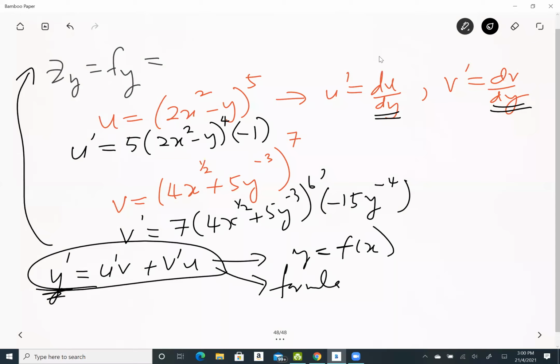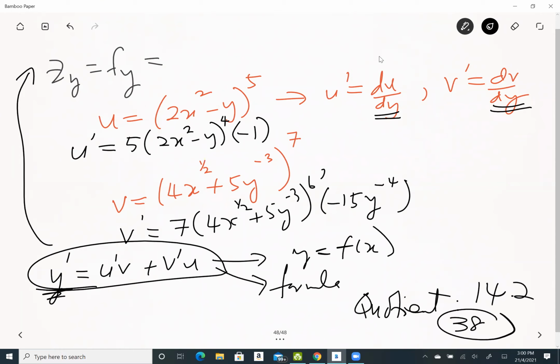All right. Now I'll give you one more. This one you apply the quotient rule. So here I want you to use the quotient rule. Go to 14.2, question number 38. You have 2y squared divided by something.